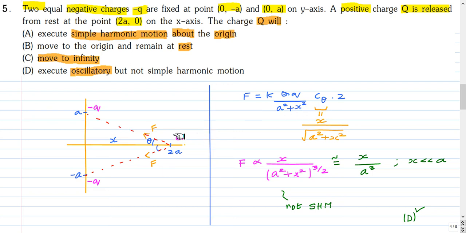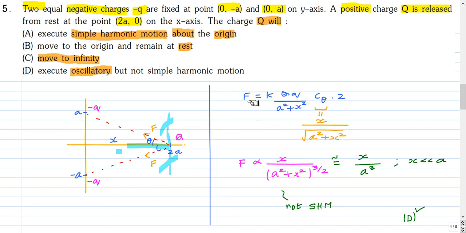And this force will have two components. One is the vertical component, the other one is the horizontal component. Similarly, this force will have two components, vertical component and the horizontal component. So the vertical component will cancel. So only the horizontal component will add. So the horizontal component is cos theta, and due to the two charges, it is into 2.